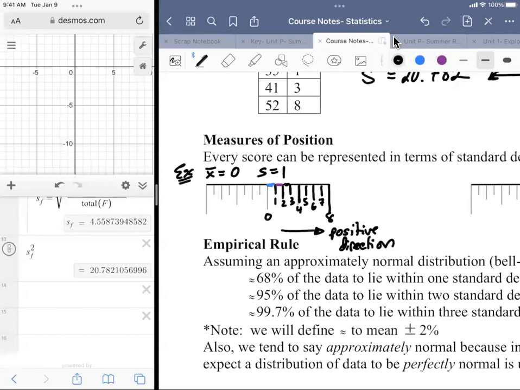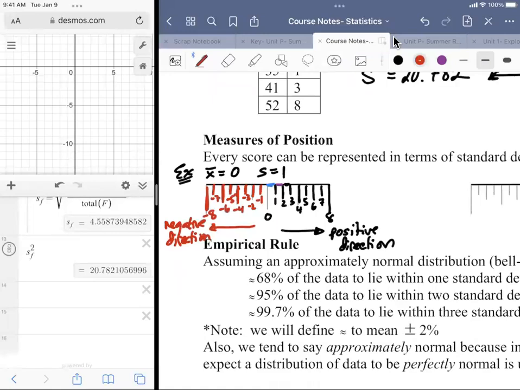I'm taking 1, 2, 3, 4, 5, all the way up to 8 steps in the positive direction, but I could also go in the negative direction. So 1, 2, 3, 4, 5, 6, 7, 8 steps. I label that -1, -2, -3, -4, -5, -6, -7, -8.